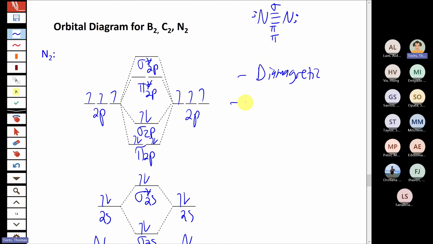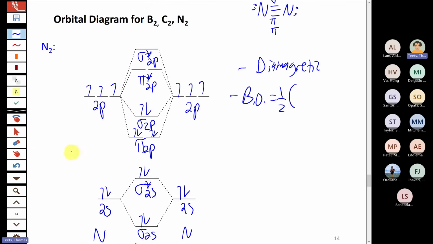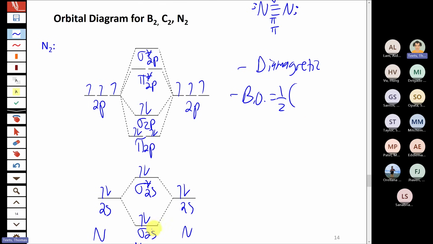And then we predict a bond order, in this case, of 1/2 times, this time we filled up all 4 of our bonding orbitals. So we have 2, 4, 6, 8 electrons that are in bonding orbitals. Only 2 that are in the sigma star that are anti-bonding. So we do predict a bond order of 3, which is a triple bond, and a configuration then that would come out as 2 electrons in each of the sigma and sigma star orbitals.